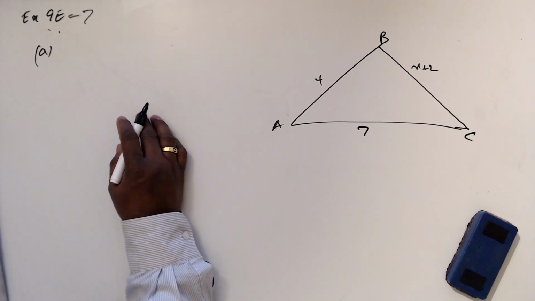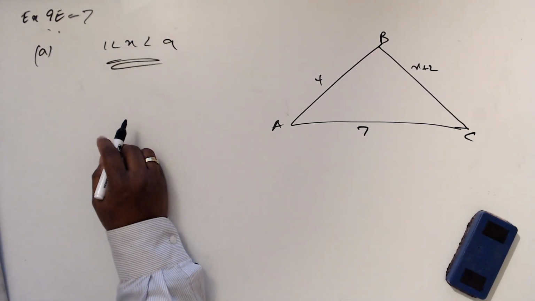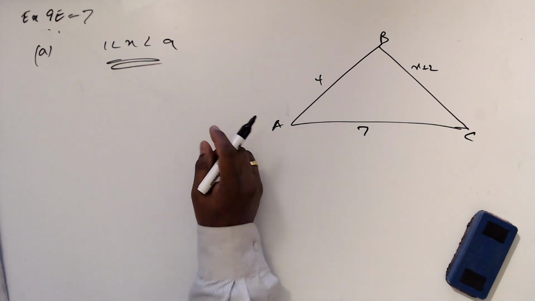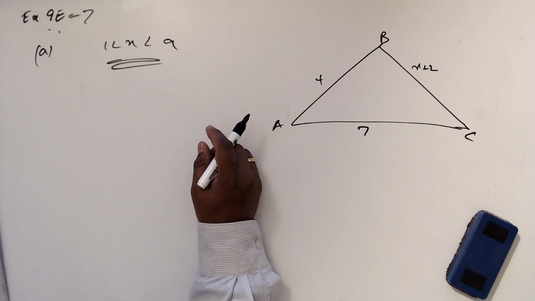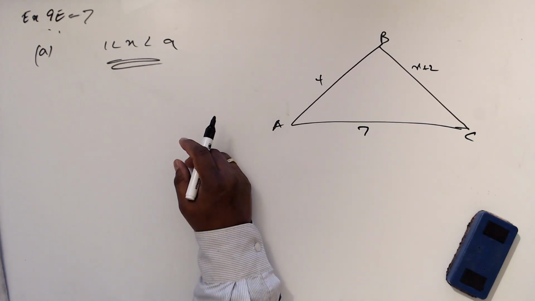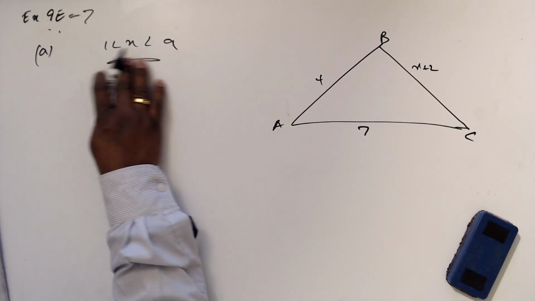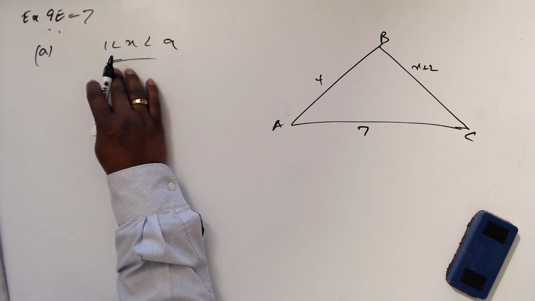Question number 7a. We want to find the inequality that 1 is less than x is less than 9. When you look at a triangle, what qualities do you know about triangles? This inequality is based on one of those characteristics.